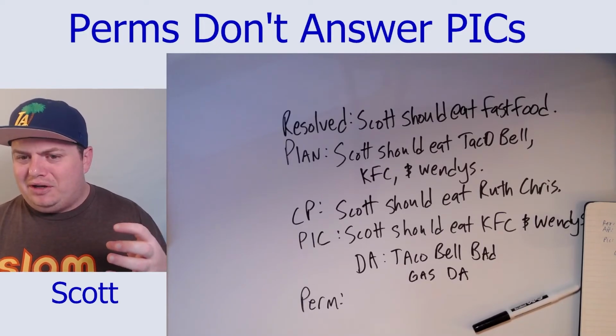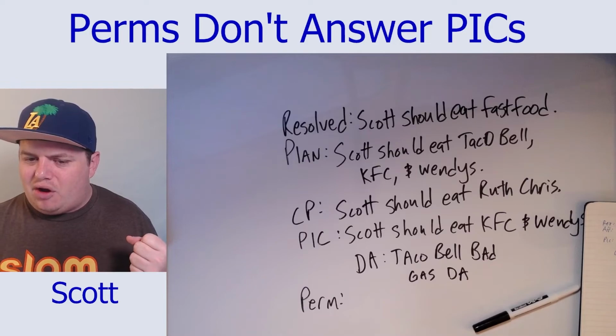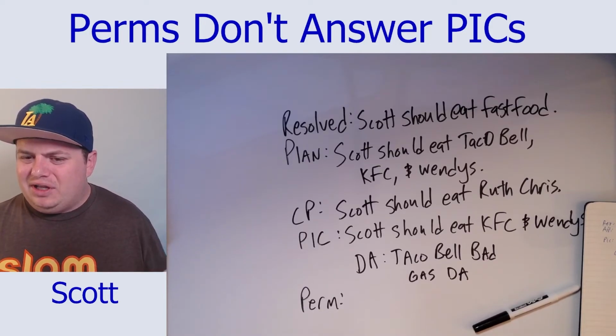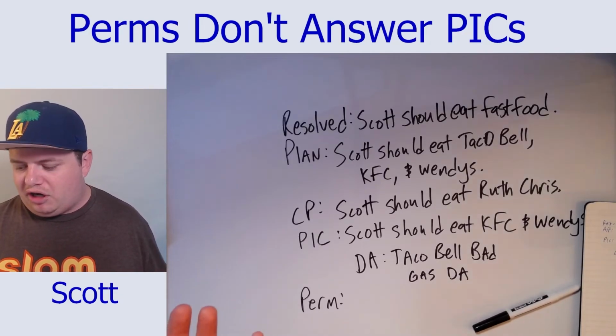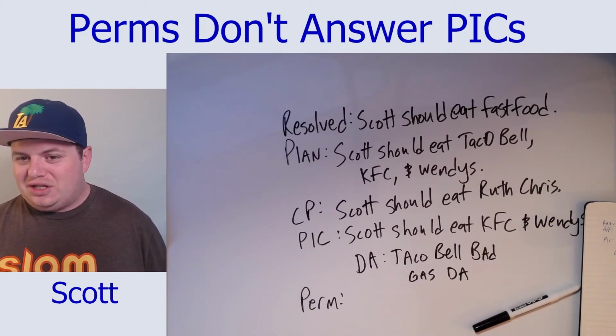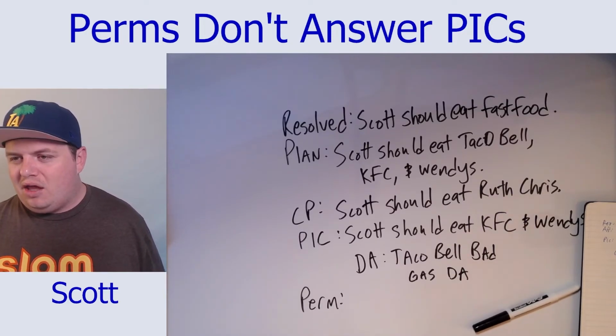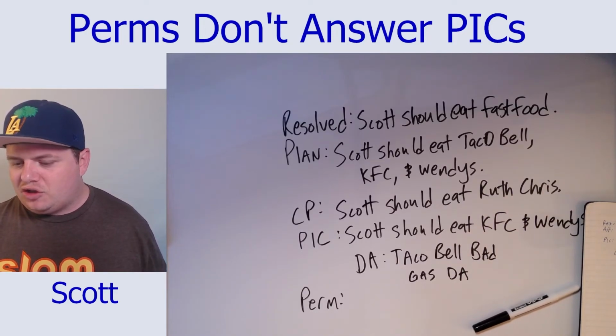But at that point, are you really going for a permutation, or are you just going for severance at that point? So, again, I really just don't think permutations answer PICs because of what I'm talking about. And the example that I just gave is essentially just you conceding that, yes, it is severance, which is the point as to why I don't think that permutations answer PICs.